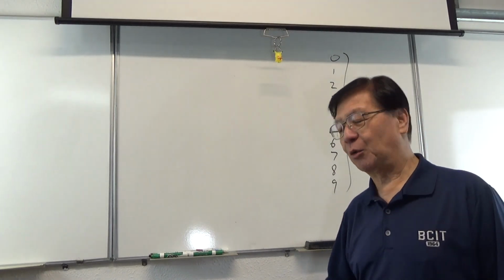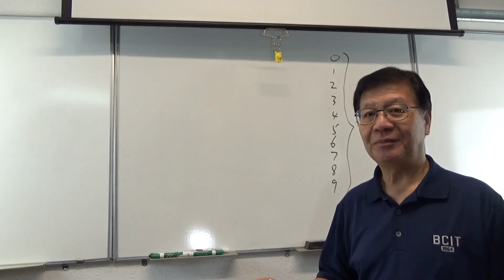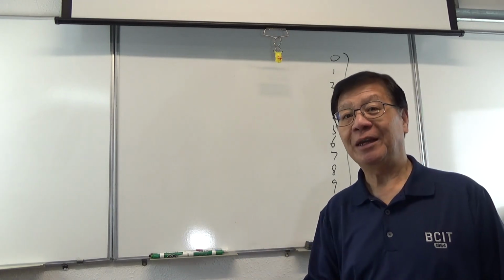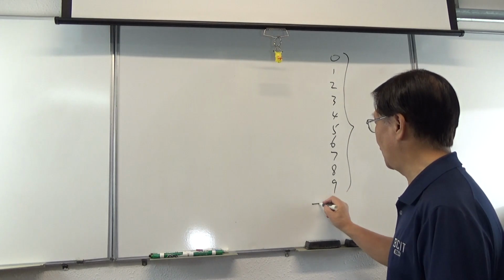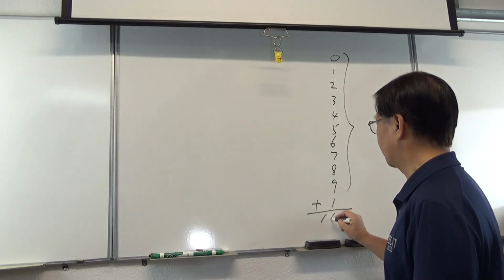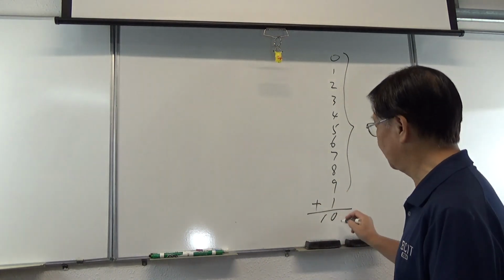But sooner or later we have to move up to create an upper digit, right? Because 9 plus 1, we get 10, so that means 2 digits already.